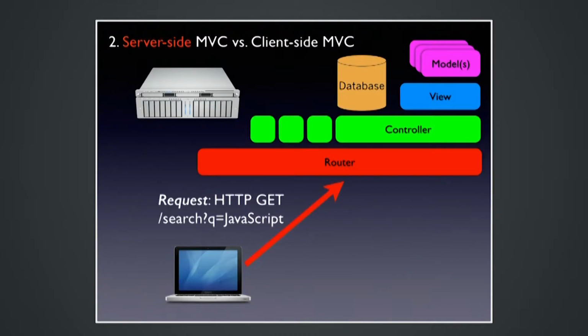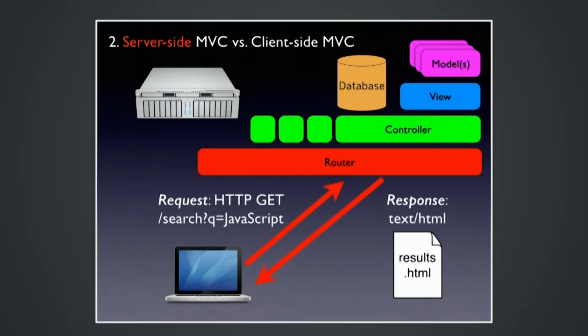It can materialize that data out of the database as a model or an array of models. It can hand that array of models to the view, the templating engine, and then from there we assemble the search results. We assemble that full HTML page, and that full HTML page is what we put back on the wire as the HTTP response.